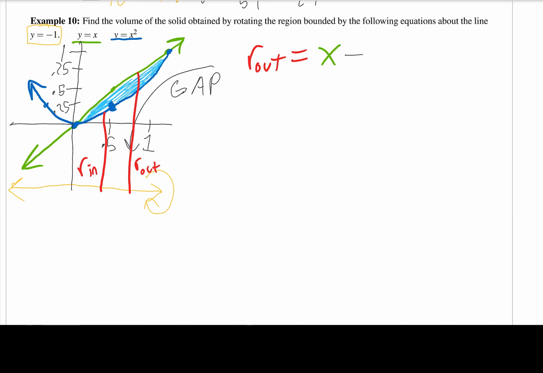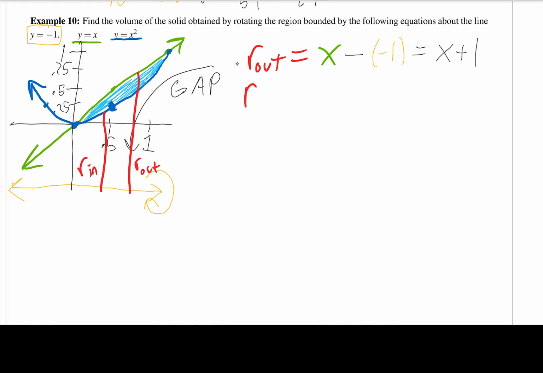Now normally we've been writing -0 because our axis of rotation is normally the x or y axis, which are x equals 0, y equals 0. So that's why we've been writing -0. Now our axis of rotation isn't something like x equals 0 or y equals 0. So we're going to have minus -1 because we're revolving about y equals -1. So this should be x plus 1 for our R out.